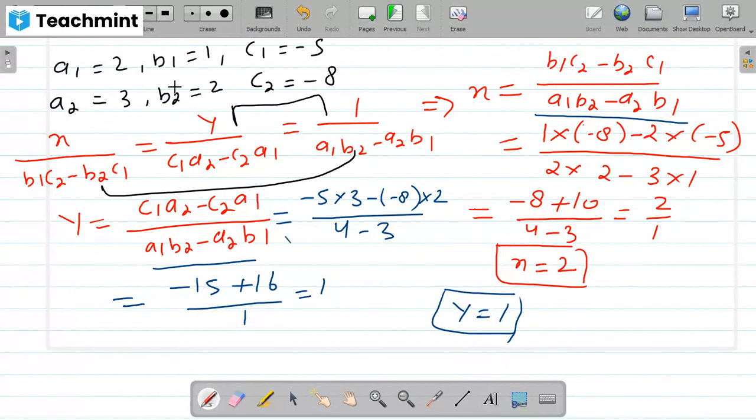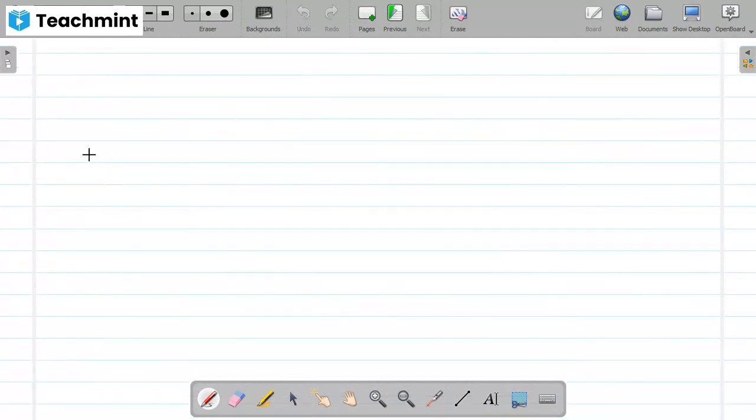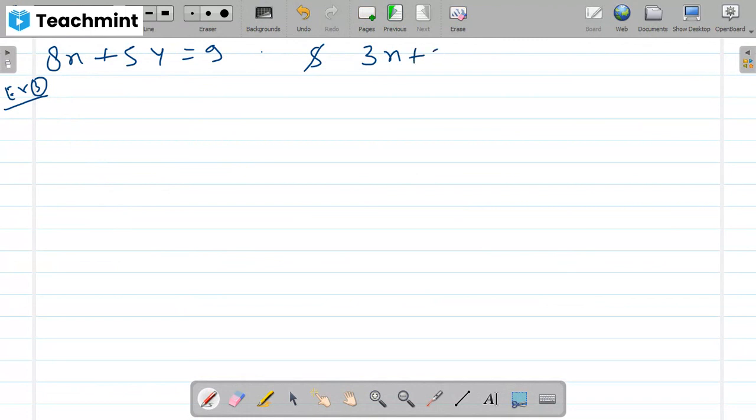Okay, now consider another example for solving this question. Example 3. 8x plus 5y equal 9 and second equation 3x plus 2y equal 4.